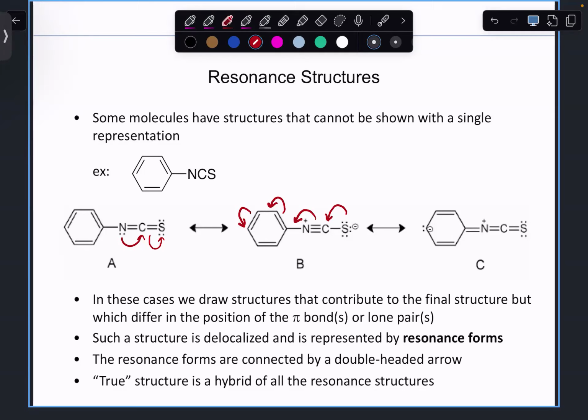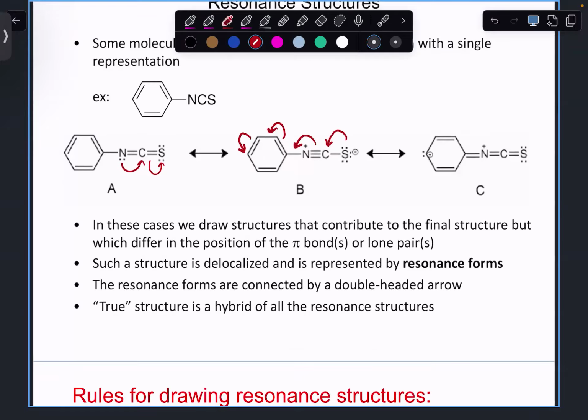Beyond that, how do I know that once I made this type of structure, the nitrogen is going to have a positive charge? That is what we refer to as formal charge. So the way you calculate formal charge is you consider the valence electrons of the particular atom.